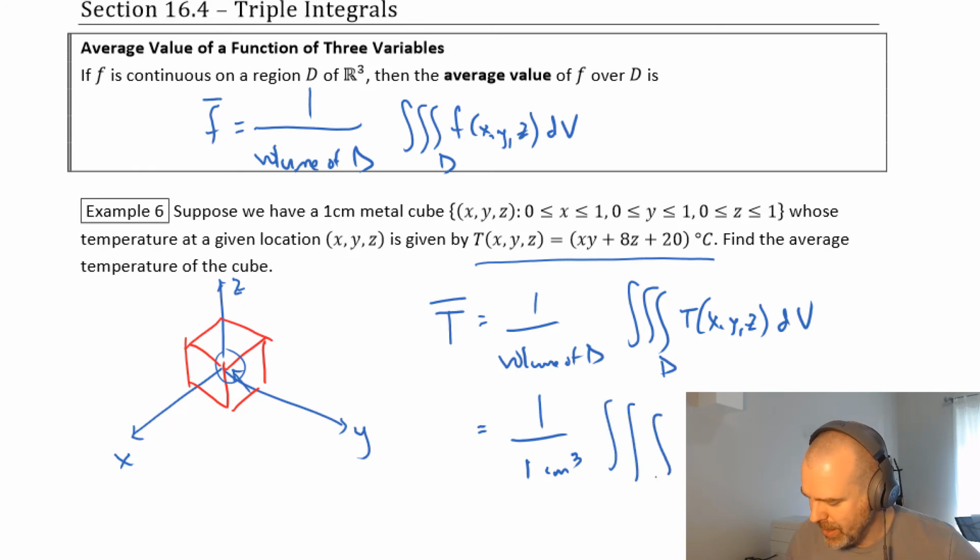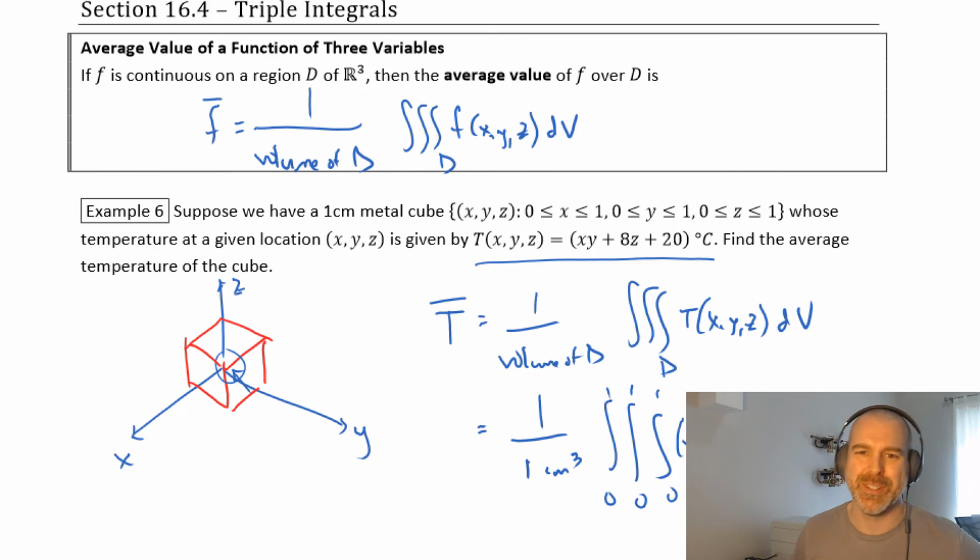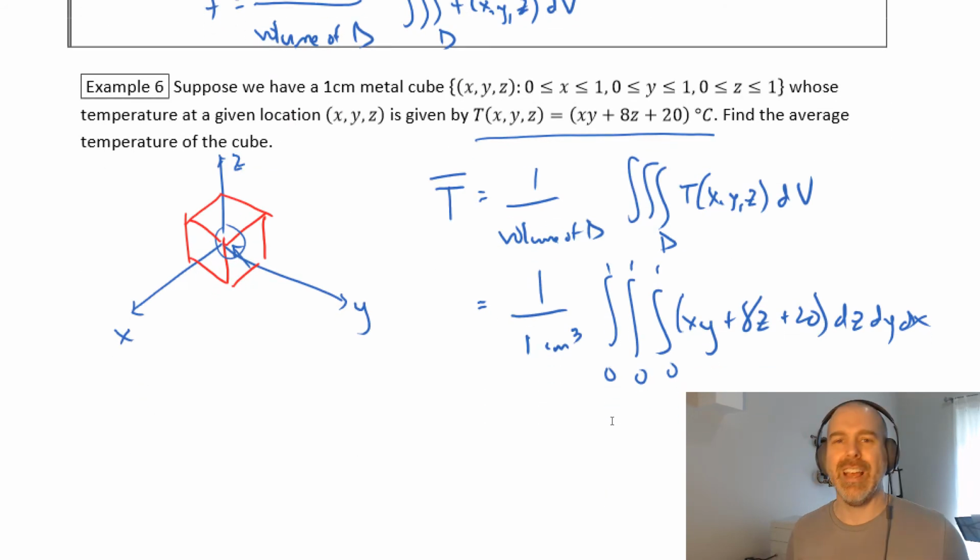And the triple integral is about as easy as it gets here, because z goes from 0 to 1, y goes from 0 to 1, and x goes from 0 to 1.